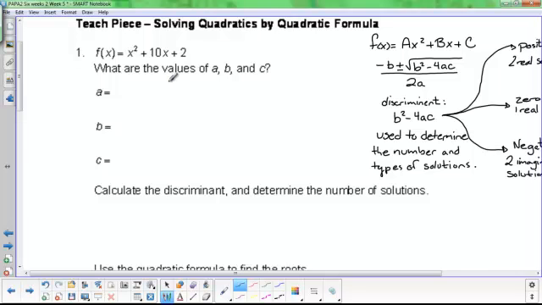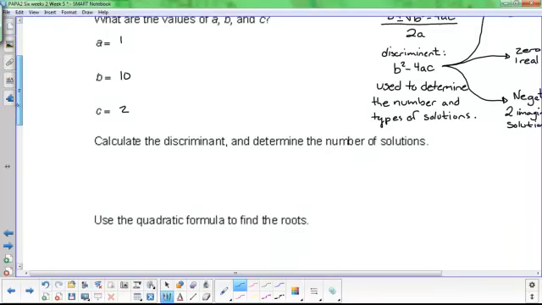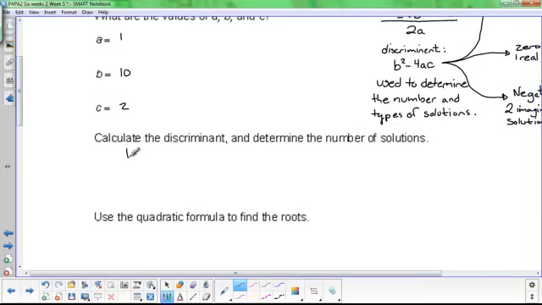What are the values of a, b, and c? We're referring to the standard form of the quadratic, so that means a equals 1, b equals 10, and c equals 2. Calculate the discriminant and determine the number of solutions. Well, that's going to be b squared minus 4ac. Remember, you're not using variables when you're using the quadratic formula.